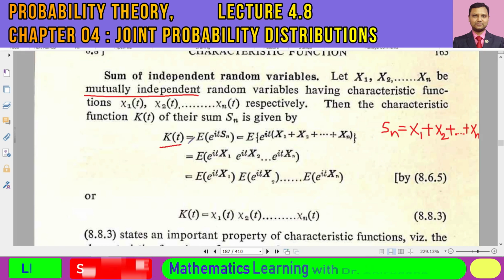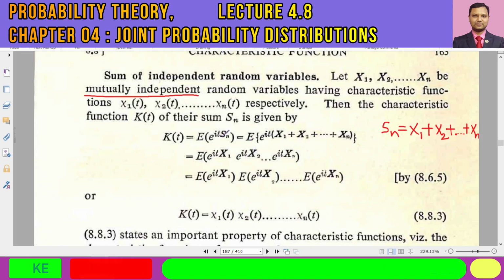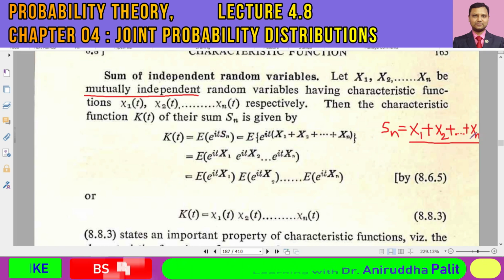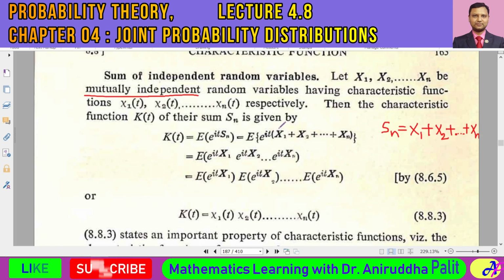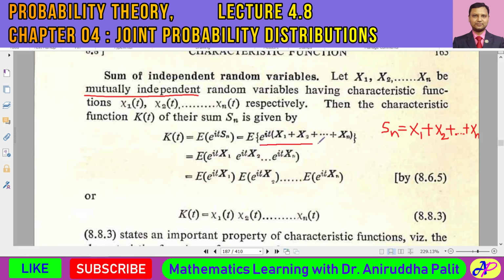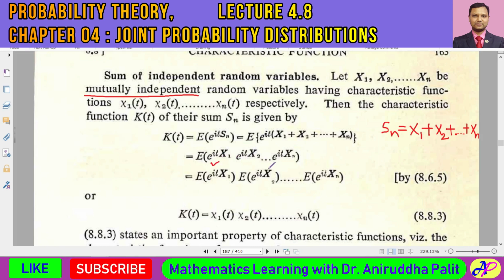By this definition, if we put Sn equal to x1 plus x2 plus ... plus xn, then we can write this as e to the power of itx1 multiplied by e to the power of itx2 multiplied by e to the power of itxn.